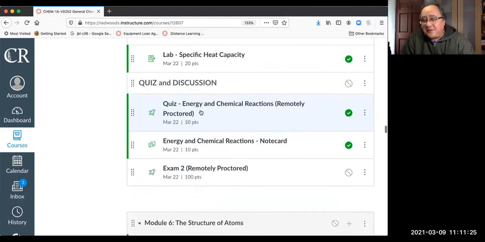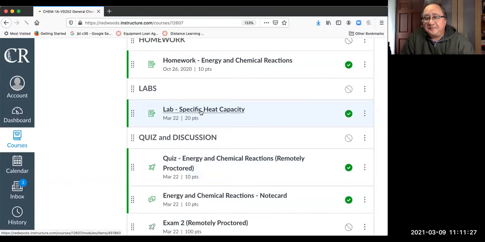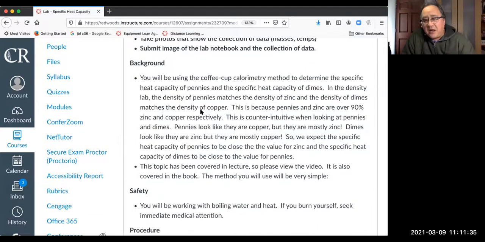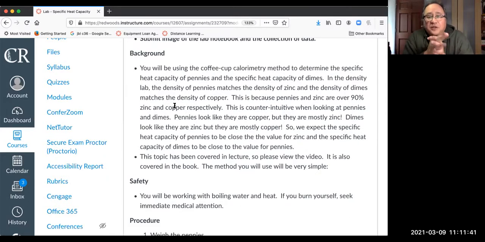It's specific heat capacity. So if you take a look, it says write up all sections, your lab book, notebook, take photos. And then we talk about coffee cup calorimetry. So here I tell you, you want to read about this coffee cup calorimetry in the book, and then you want to try it.